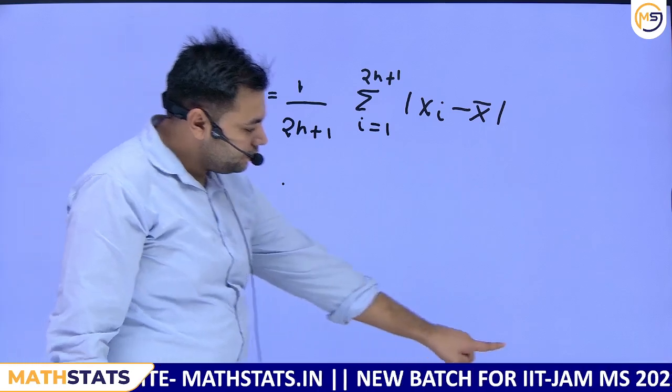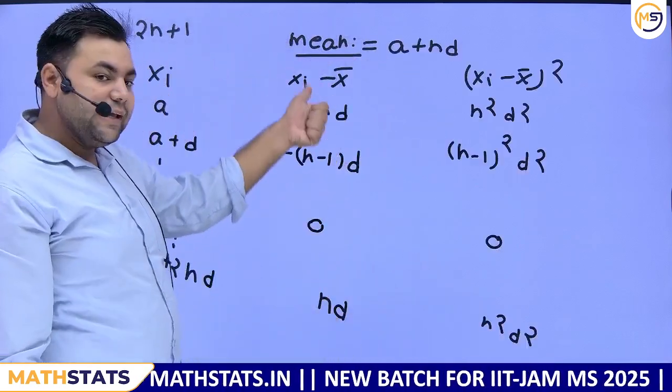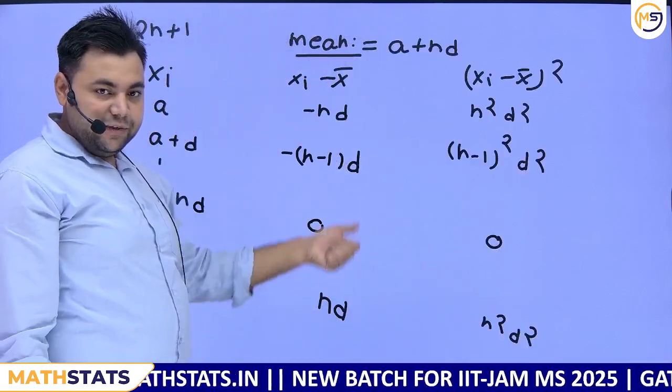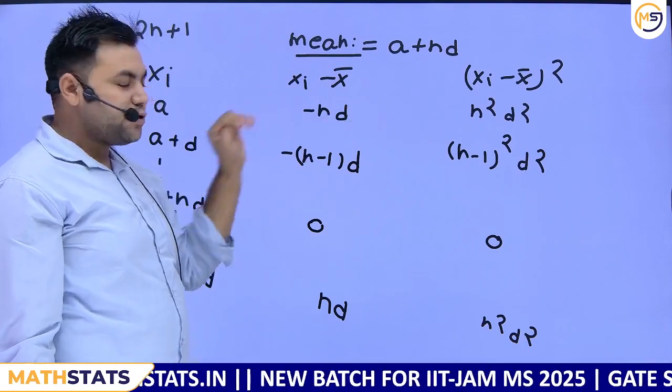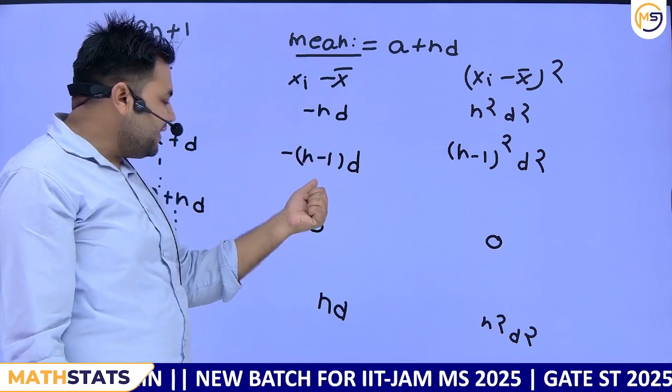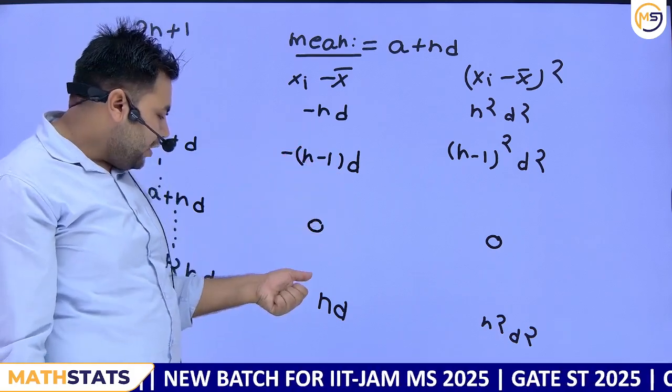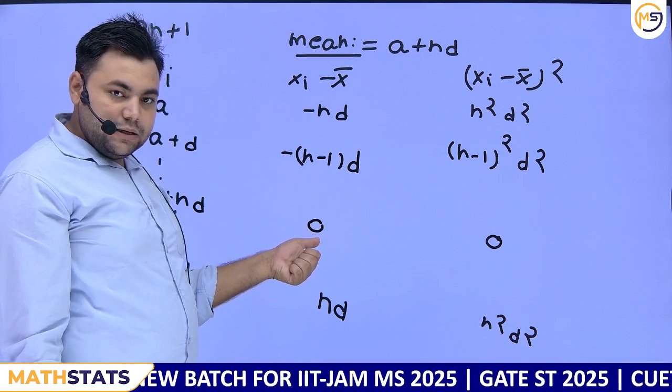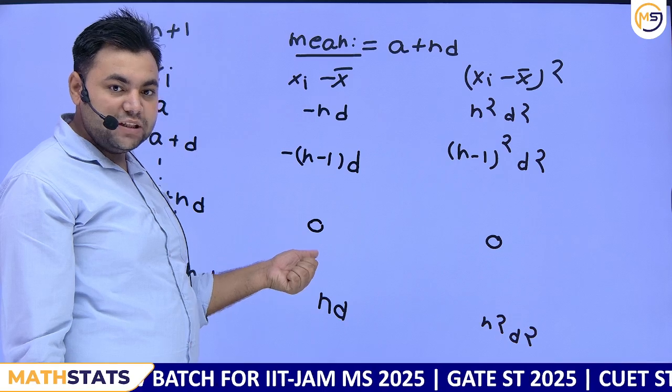So if I take mod of each quantity, the first quantity is nd, second quantity is n-1 into d. Similarly, this is n-2 into d, and so on, this is 0, and then this is d.